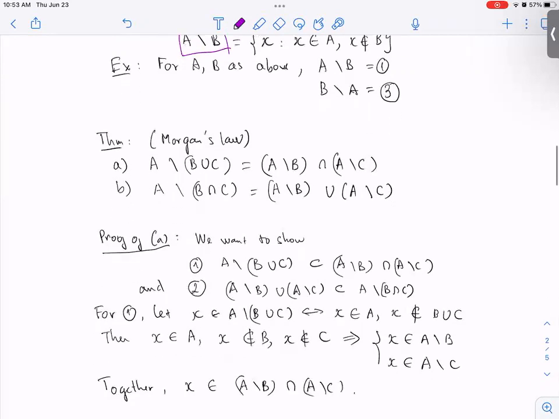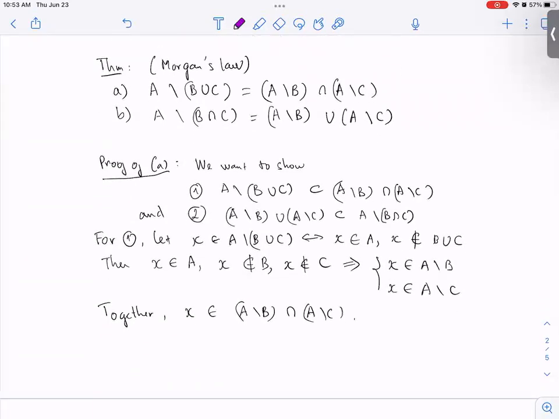And you have another similar equation for the interaction between the complement and the intersection. So let me explain the proof of part A here, just to illustrate what we are going to see quite often in this class.